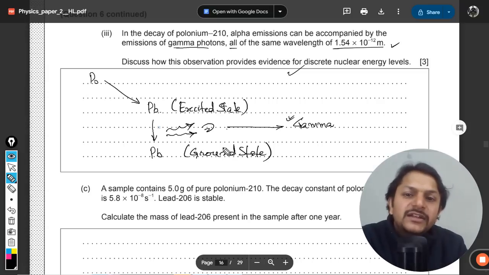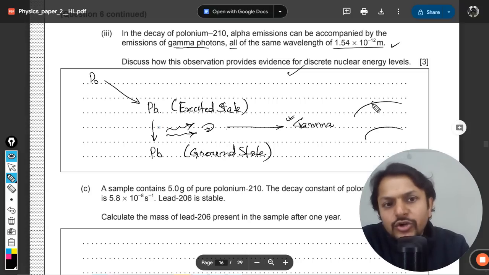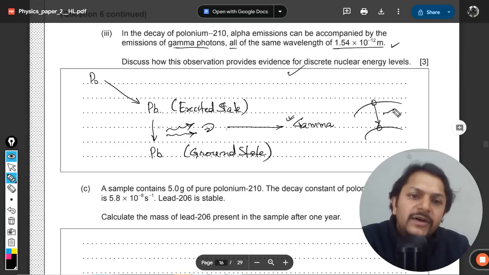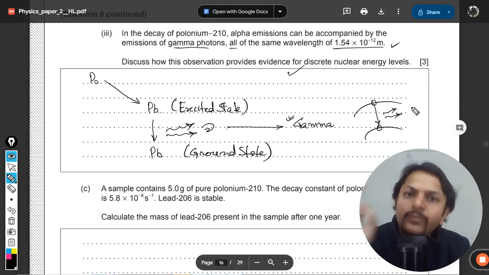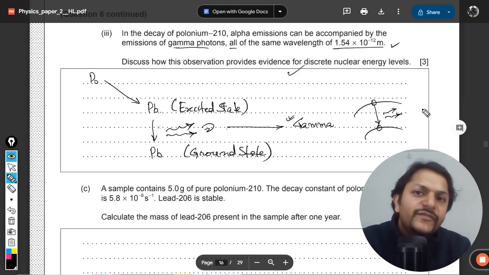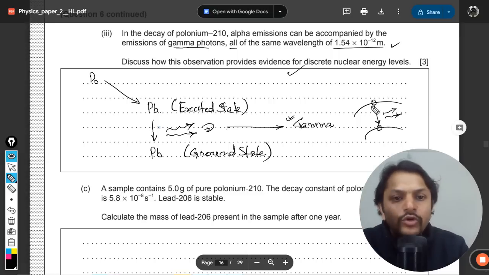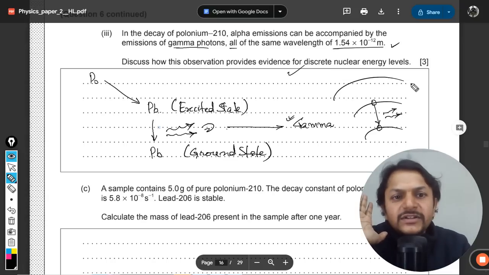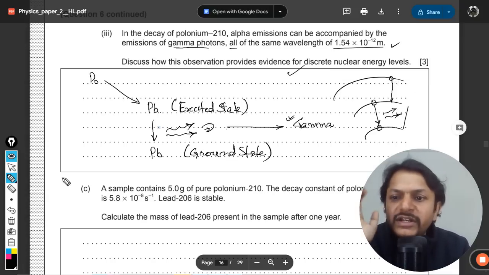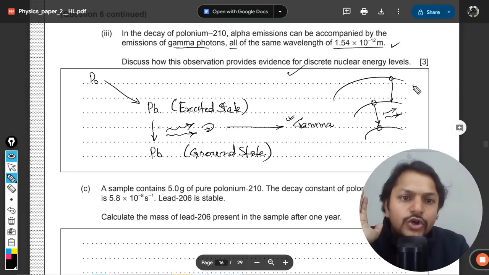So we will say that there might be only two shells like this. The proton is jumping from one shell to another shell, and that is why the energy released has only one particular frequency, and other frequencies are not there because the proton is jumping only from one shell to the other. If there was another shell and it was jumping from this also, there would be a possibility of two more frequencies.